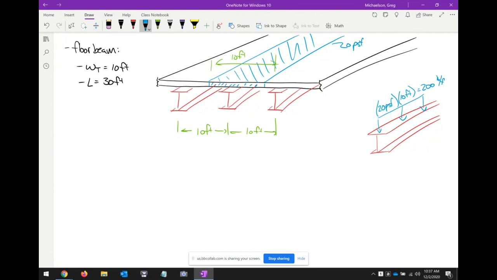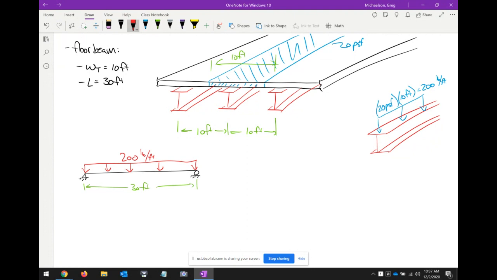200 pounds per foot. So in other words, what I have for this floor beam is a length of 30 feet and a line load of 200 pounds per foot.